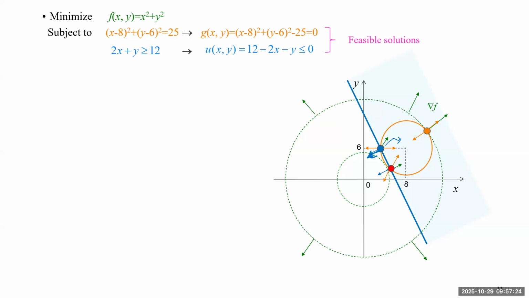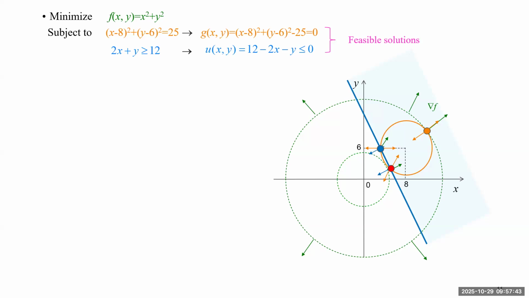There's no penalty. But if you move outside of this shadow area, then there's a huge penalty. That indicates the increase of the penalty due to violation of this blue inequality constraint.